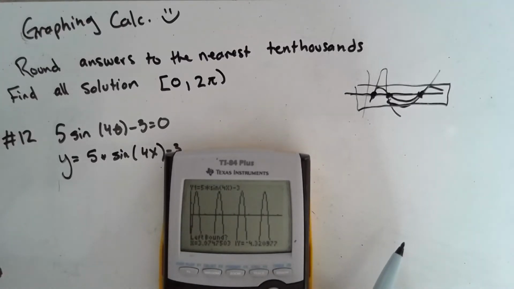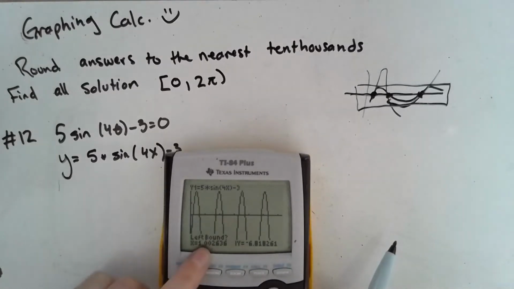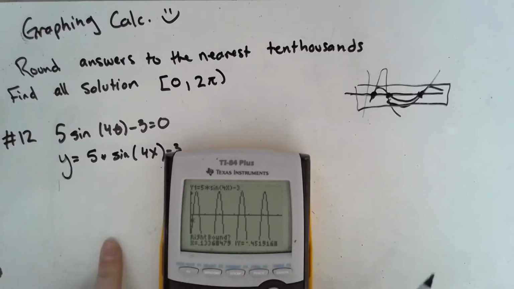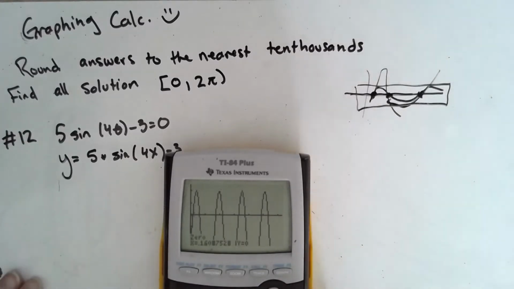Okay, there's my spider. I'm using this left bound number here to help me figure out where my spider is. I'm going to take my spider to the left of my first 0, move my spider up, take it to the right, hit enter.